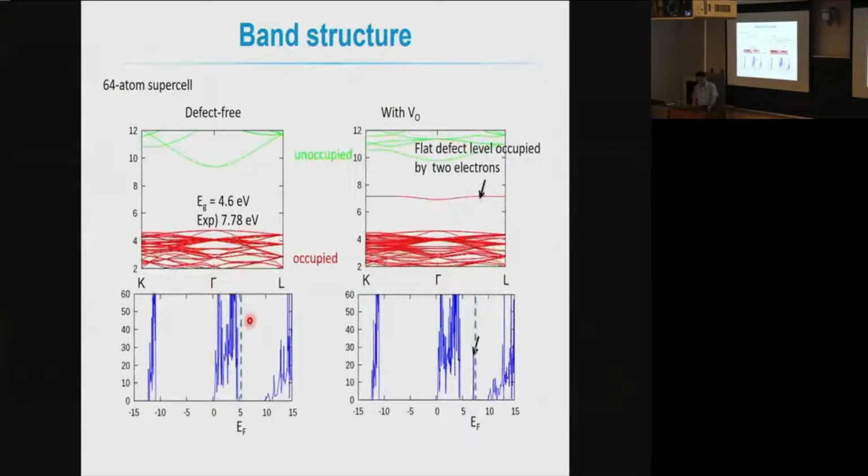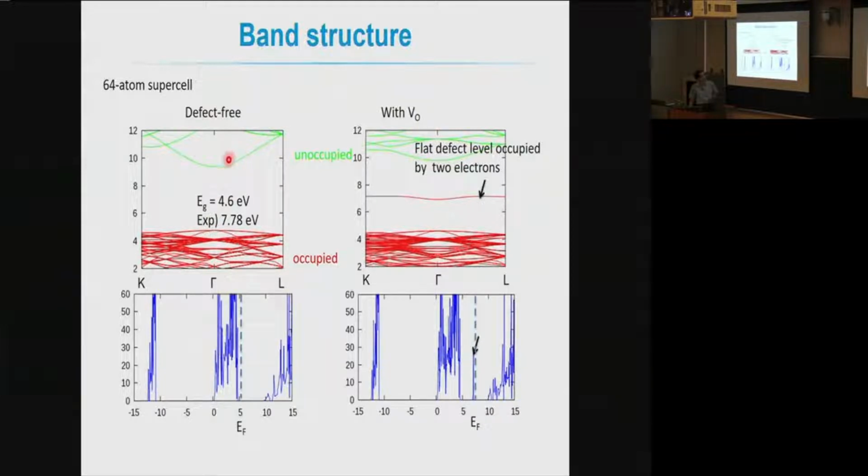You can actually plot the band structure of this supercell. This is a cubic supercell, so you can take the K and L points as for a cubic cell. And this is the defect-free band structure. The red bands are occupied and the green bands are unoccupied.